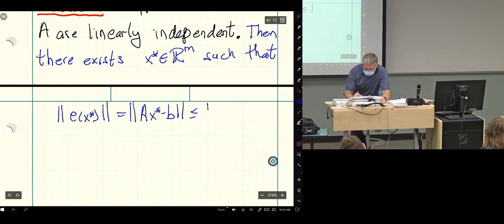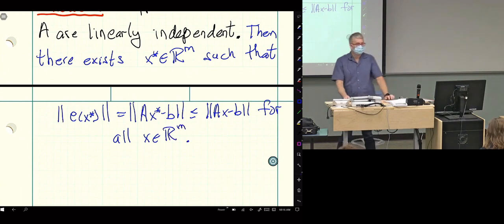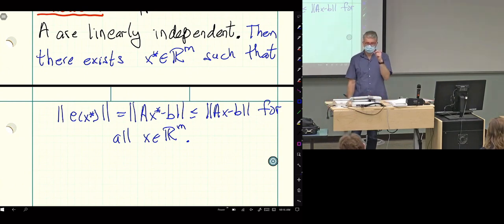It's less than or equal to the norm of Ax minus b for all vectors x in R^m. Okay? This is the best you can possibly do. You can find this vector, x star.